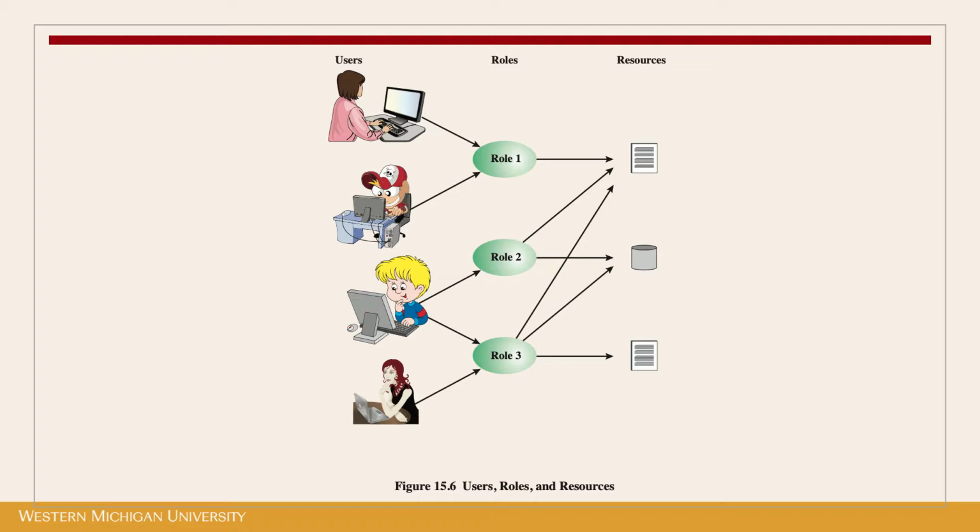Or we can just have one-to-one, where one user has a single role, and it's those roles that are given access to certain resources. So, what if I have a company and I designate that, okay, if you're in sales, then you get role 1 because you're a salesperson. And if you're in human resources, you're in role 2.